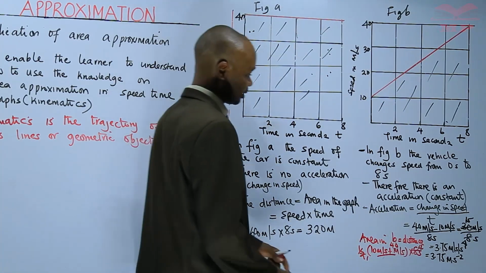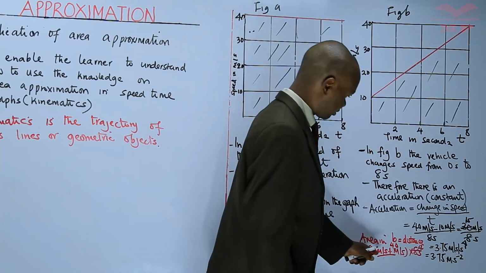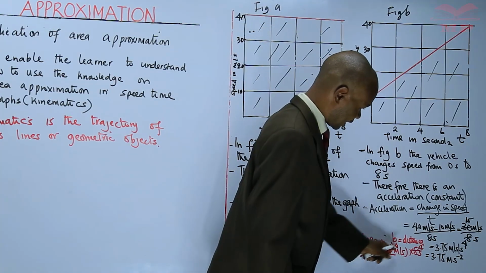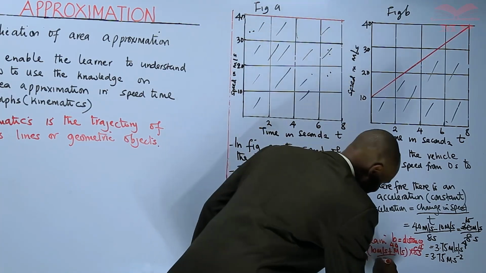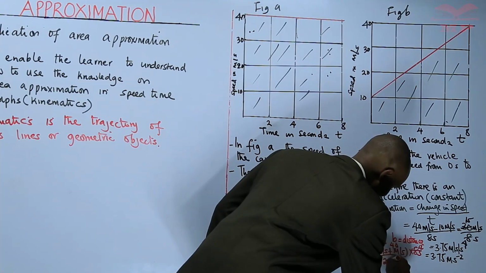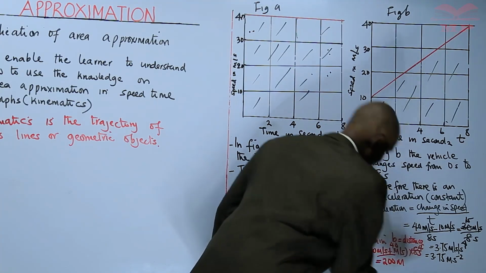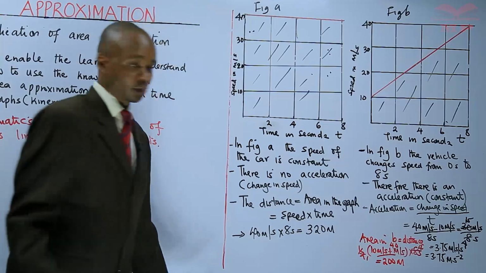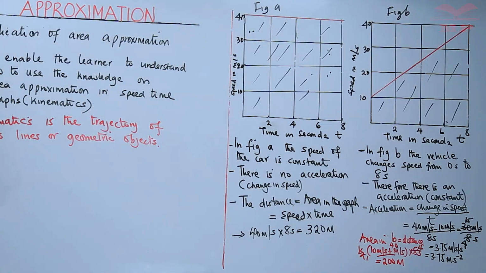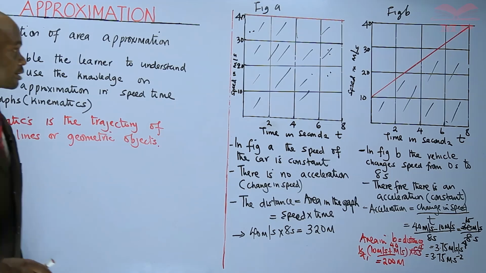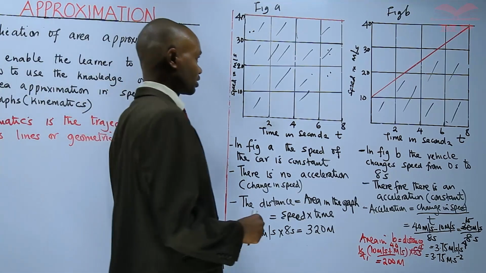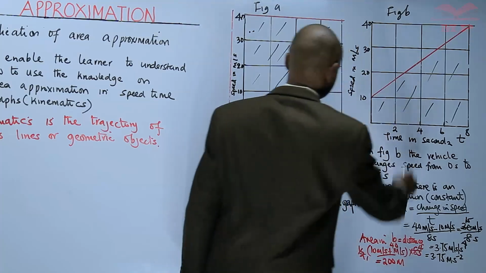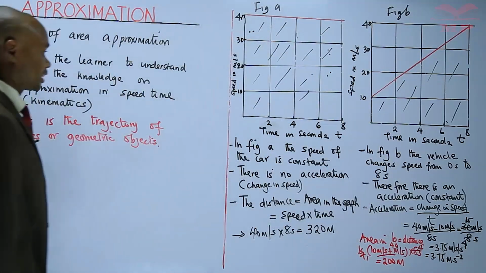So it's going to be 50 times 4, and we get how many meters? We actually get the 200 meters in B. We get the 200 meters traveled in that speed time graph.